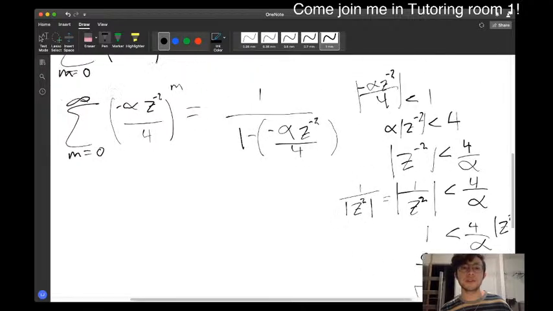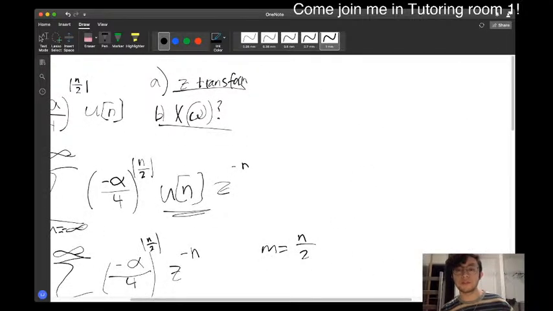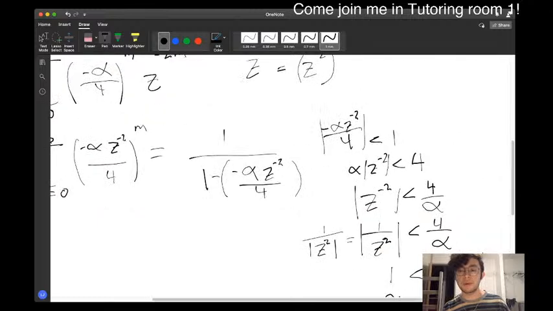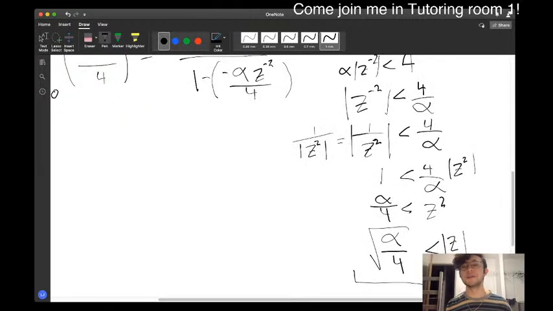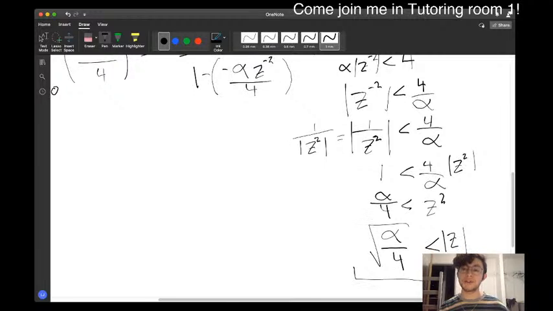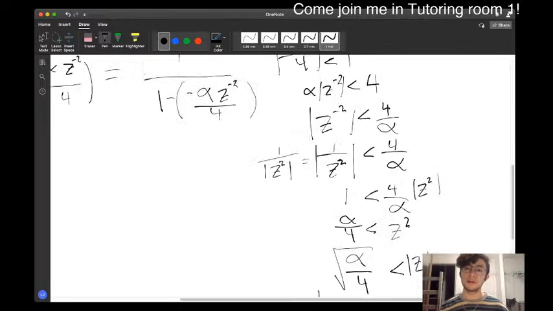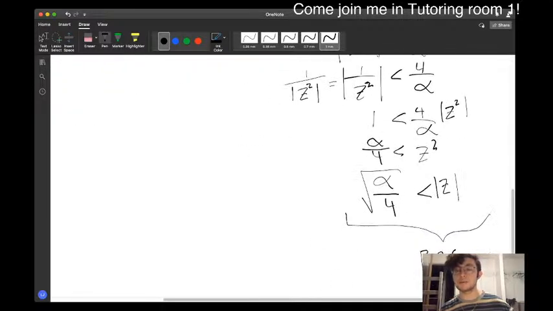The Fourier transform is the z transform evaluated where z is equal to e to the j omega, so it's evaluated over the unit circle, for all omega. And when will the Fourier transform converge is really asking about when our z transform converges.